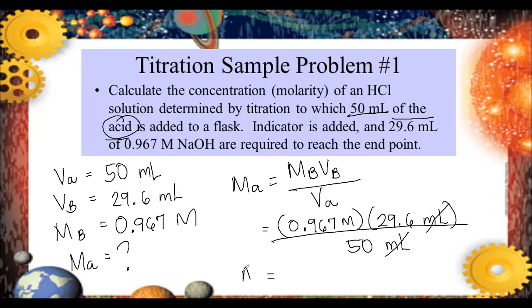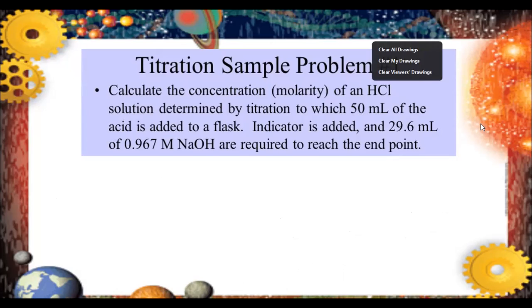So MA is 0.57 moles. So this is the required molarity of the base or of the acid rather to reach the end point. Alright, so let us clean this and turn to problem number 2.